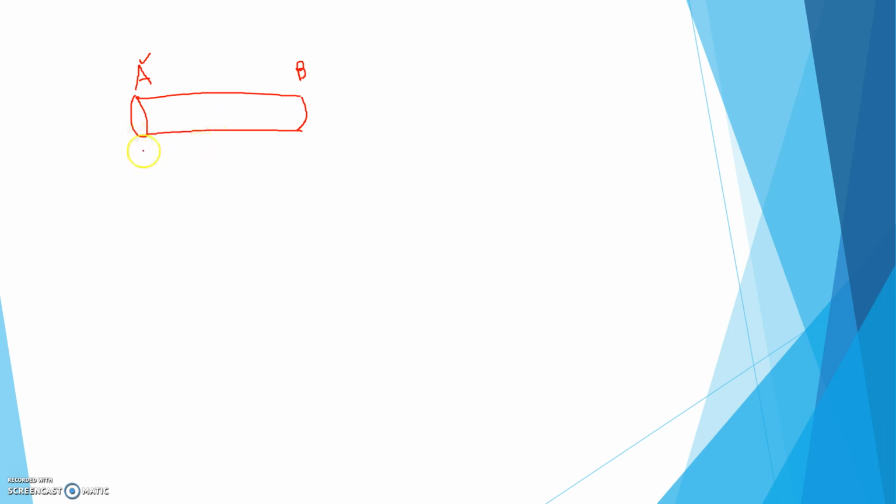But now suppose at the A terminal you are providing heat. What will happen? Try to understand it very clearly, because this is the basic concept. I am drawing here one metal ion, which is obviously positively charged, and I will draw another electron here. So there are electrons too. Now see what will happen.